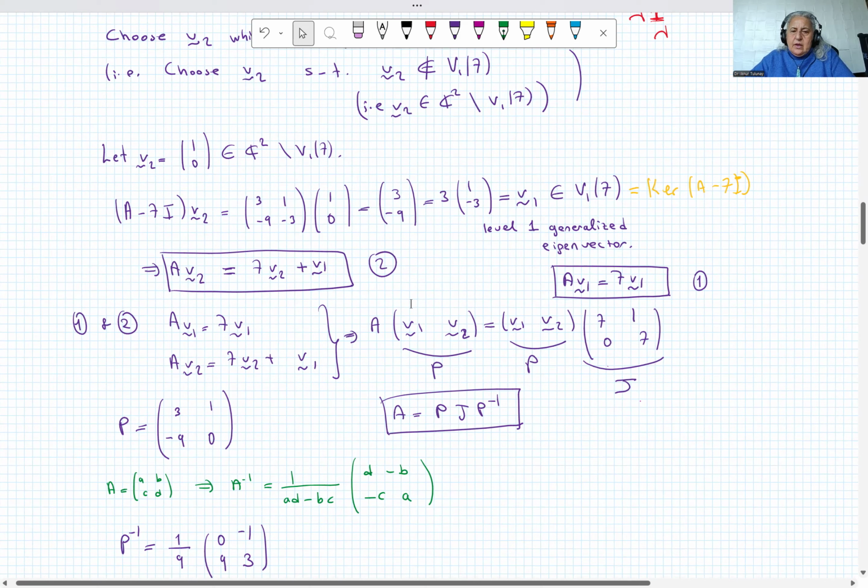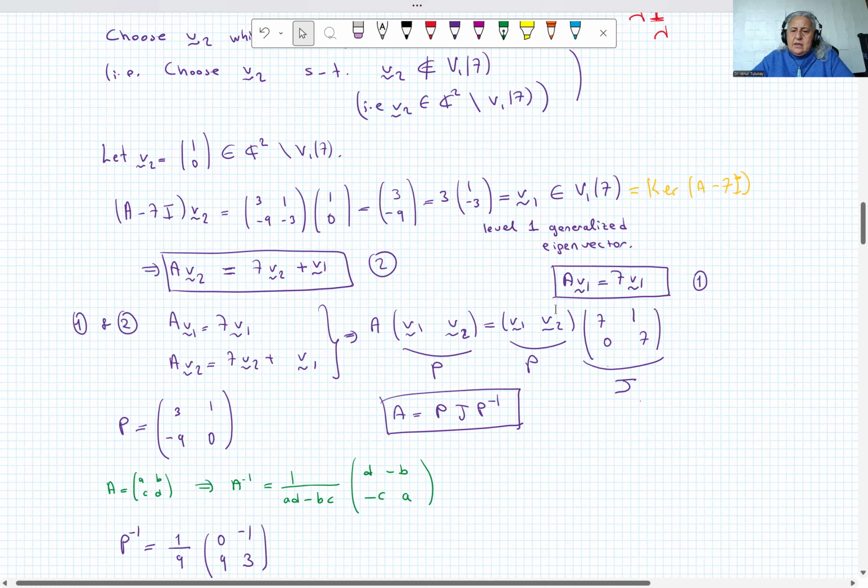If you put V1 as a column vector and V2 as a column vector, A times (V1, V2) as a matrix multiplication will give me the first equation, A V1 equals 7V1. And the second equation, A times V2, is equal to V1 plus 7V2. So these two equations are algebraically equivalent to this matrix multiplication.